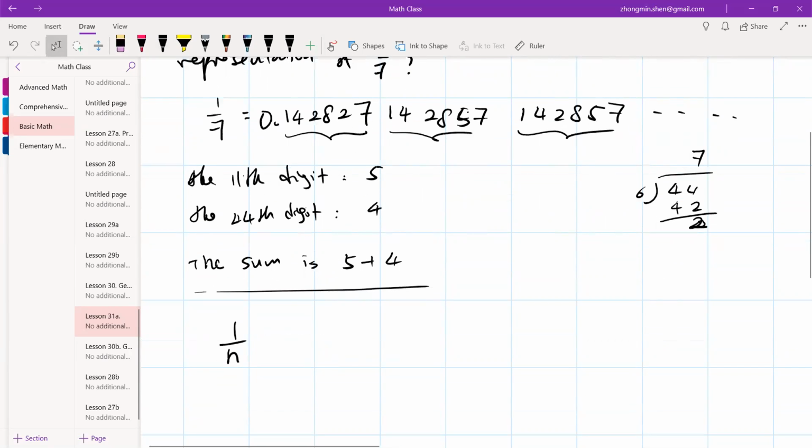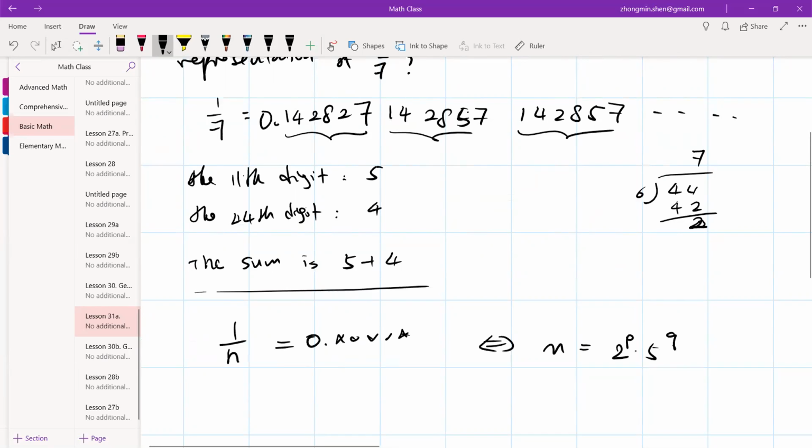This one has terminating digits if and only if n is in the form 2 to the p times 5 to the q.